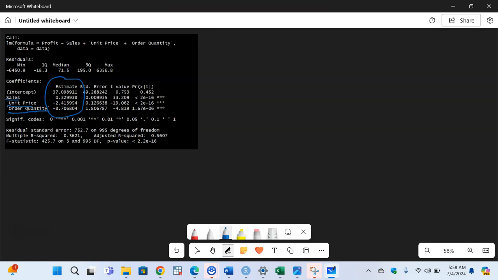But in this case, the value has gone up to 0.5621. Initially, remember, with sales alone, the value of R was 0.4004. So the more variables you include in a model, as long as they're significant to that model, we expect the prediction to be close to reality.